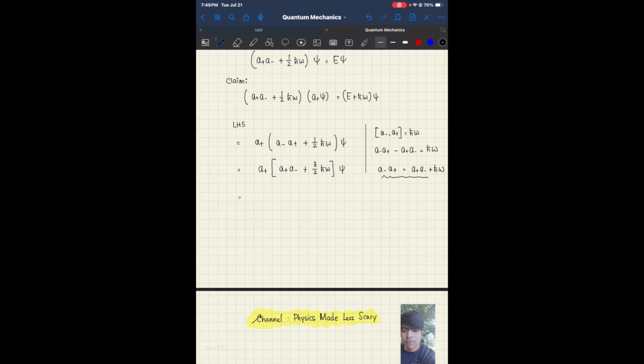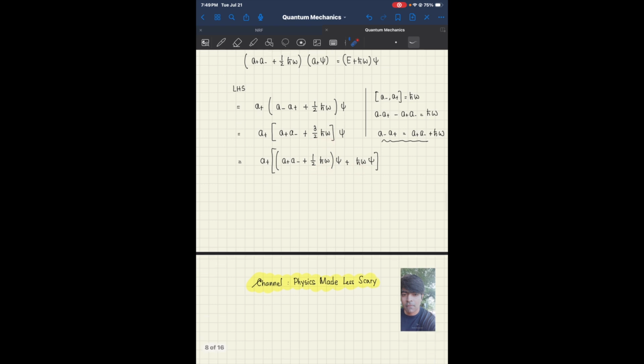So this is a plus, say a plus a minus plus half h cross omega psi plus h cross omega psi, right? I have done nothing other than break this 3/2 into half and 1.